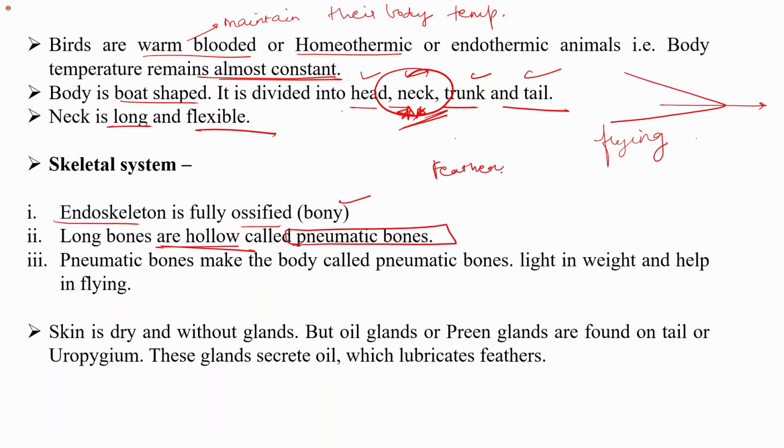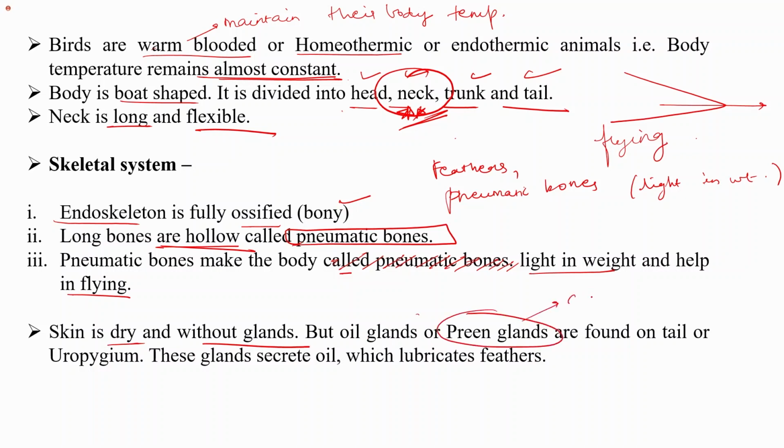So presence of feathers and presence of pneumatic bones, because they are hollow, they are light in weight, are some of the adaptations to flying. Pneumatic bones make the body light in weight and help in flying. Skin is dry and without glands, but oil glands are present.